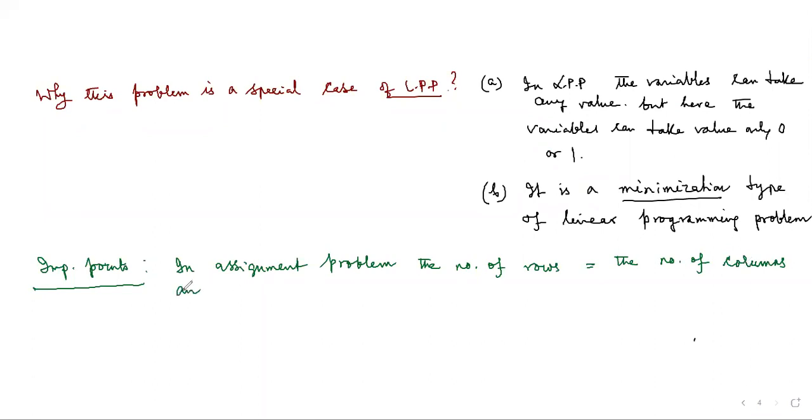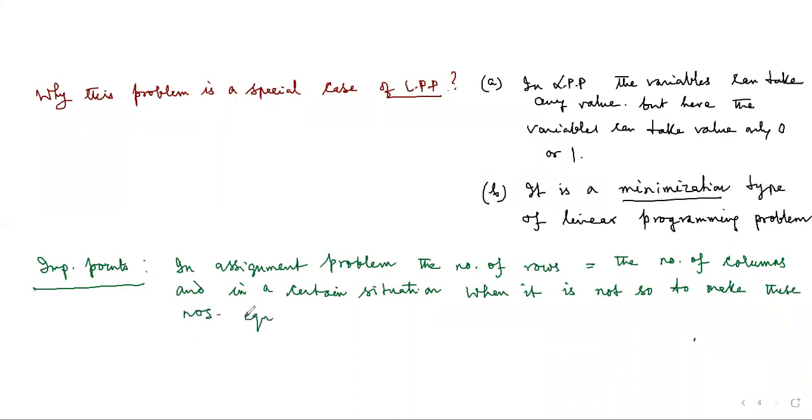Okay, and in certain situations when it is not so, to make these numbers equal, we can introduce dummy rows or dummy columns as per the requirement of the situation.